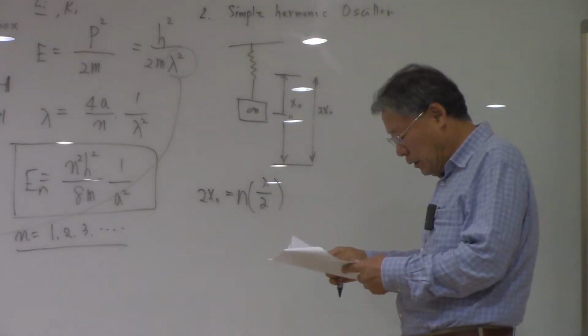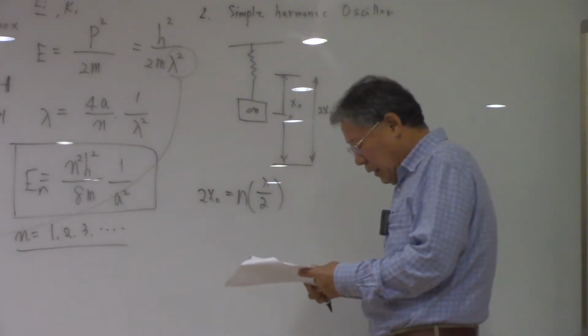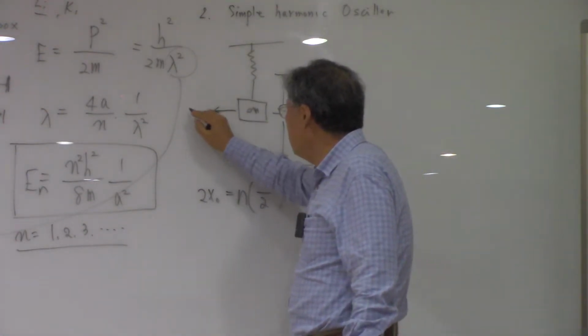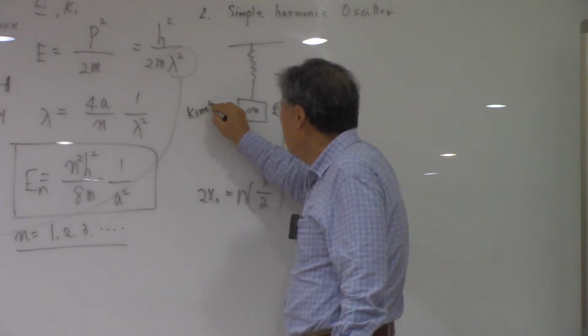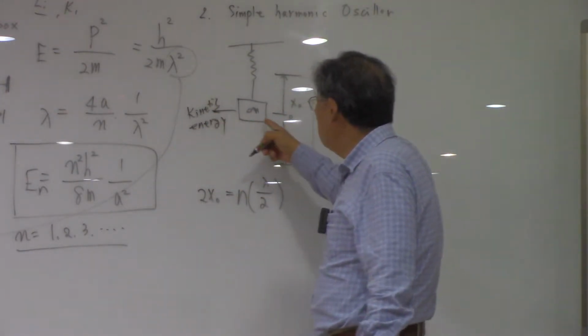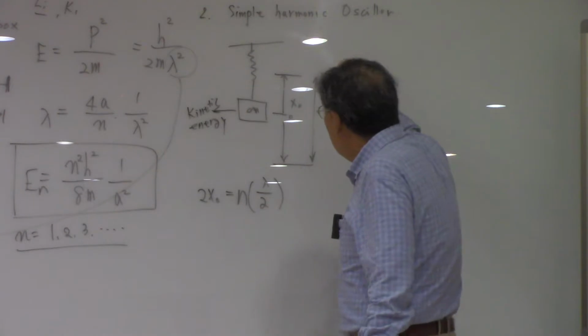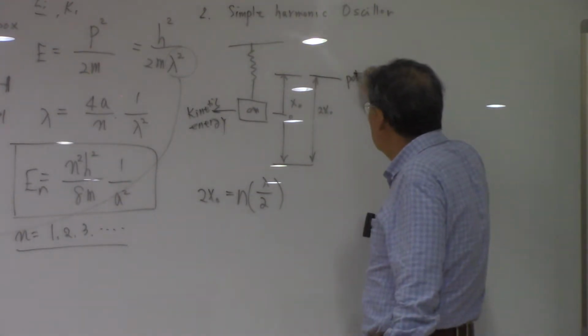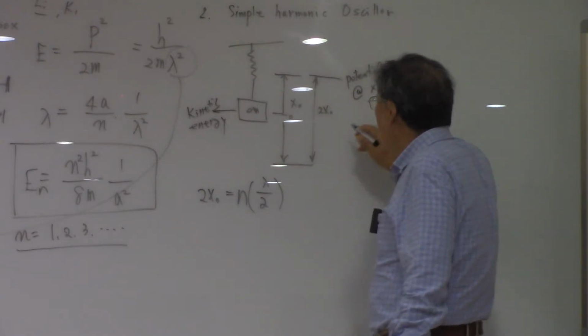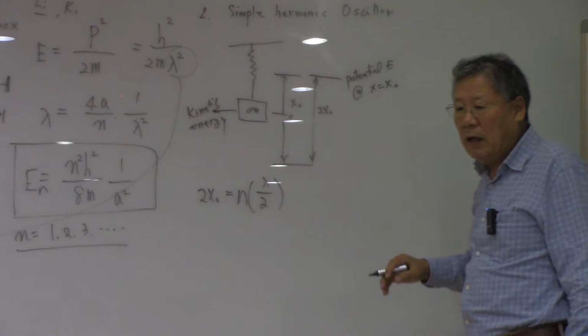And we know the kinetic energy at x equal to 0, and the potential energy at x equal to x naught should be the same and the maximum.